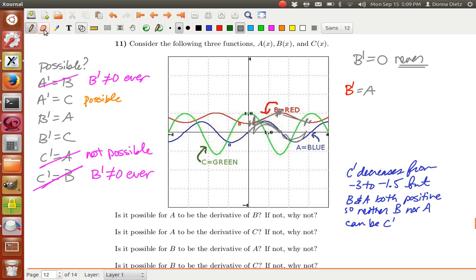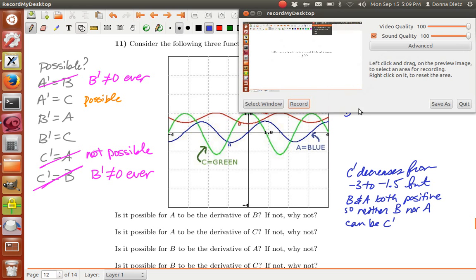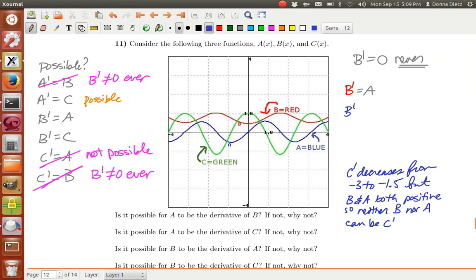Let's just make sure. It's probably easier, it's almost always easier to prove something that is false in this setting. So B prime is not equal to C because, so let's try to figure out why. Let's find a counterexample. Alright, so let's say right here. Yeah, there we go. That's a great example.